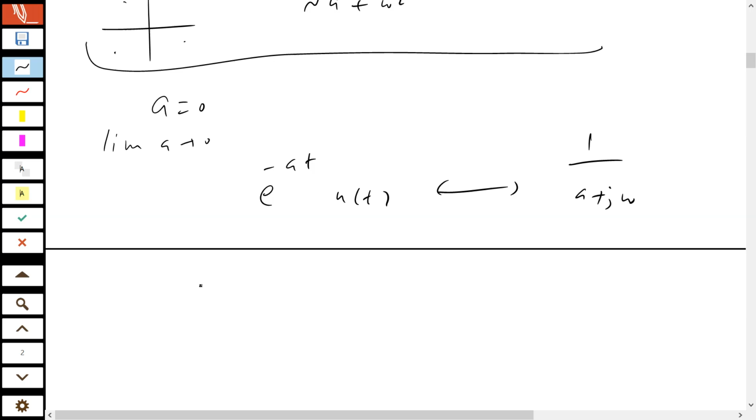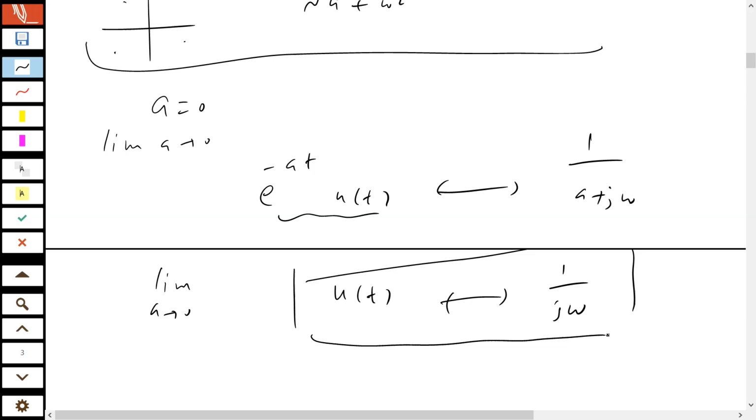So what happens to this side? u of t, yeah? And what happens to this side? 1 over j omega. So can't we say that we discovered the Fourier transform of the unit step function? What is wrong in this reasoning? This was the question on GCR.